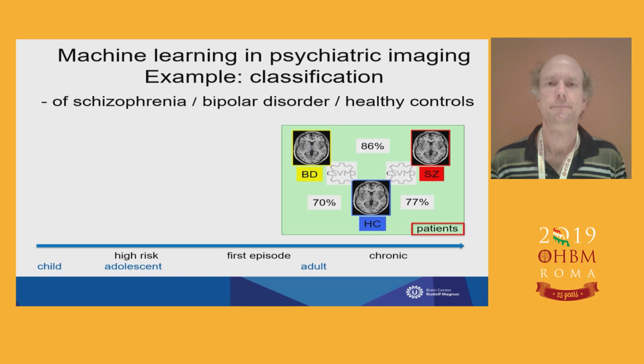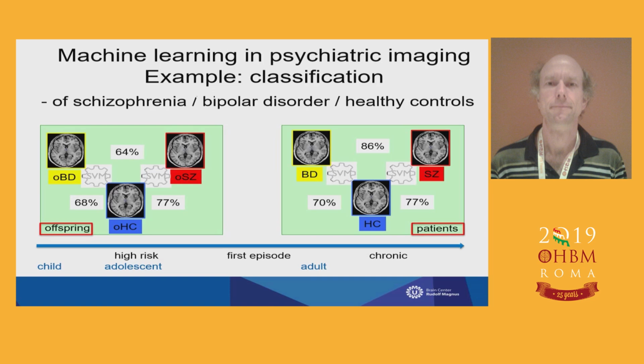And it would be even more relevant if you could do that in high-risk subjects, so in adolescents when the disease starts to show up. So we tried that as well in our offspring sample. These are adolescents who are offspring of healthy subjects, subjects with bipolar disorder, and subjects with schizophrenia.